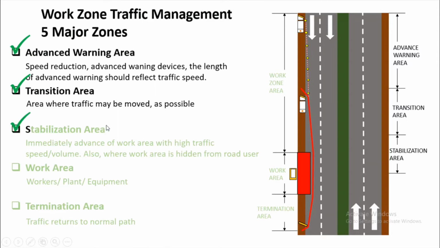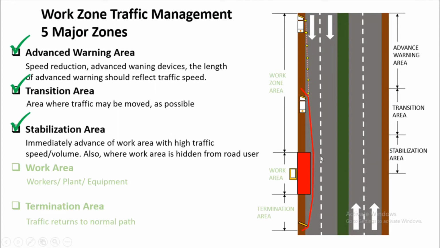Okay, stabilization area, immediately advance of work area with high traffic speed or volume, also where work area is hidden from the road users. Okay, so in the stabilization area, this is the area that the speed and volume of the traffic is already stable.